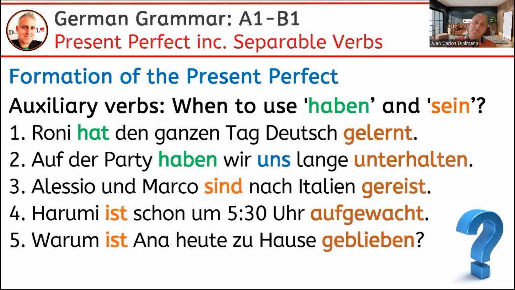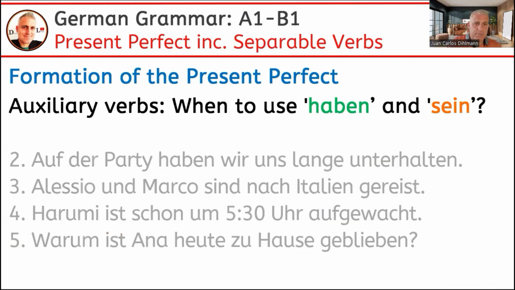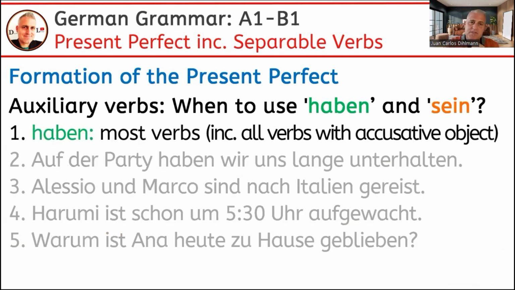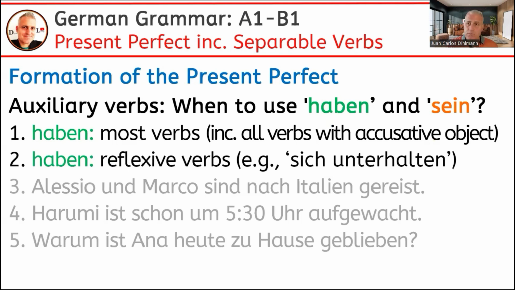With the help of our 5 sentences that we had before, we can formulate 5 rules. Rule number 1. Haben is used for most verbs in German, including all verbs with accusative object and, by the way, also modal verbs. Rule number 2, we also use haben with reflexive verbs, just like sich unterhalten, which means to have a conversation.